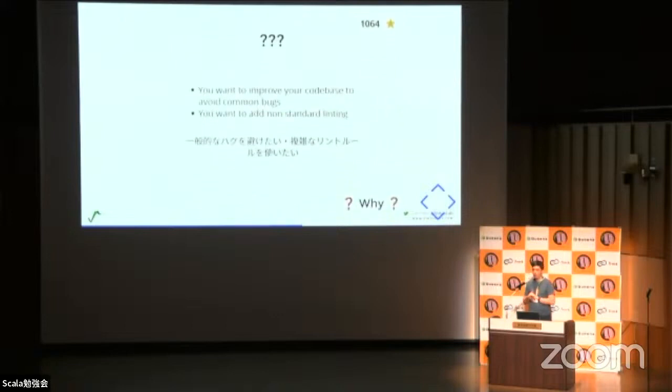Okay, so talking about improving your code base. One thing you might want to do to make your life better and the lives of your team members better is having something to automatically detect some common bugs, and maybe you want to add some non-standard warnings and linting to your code base.